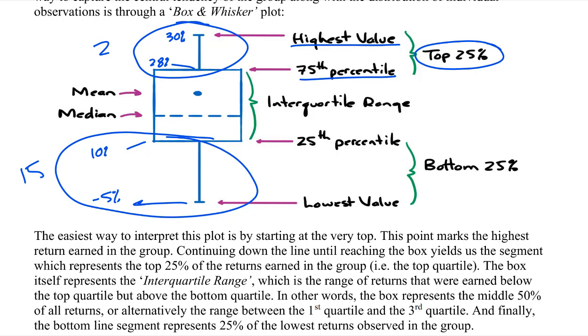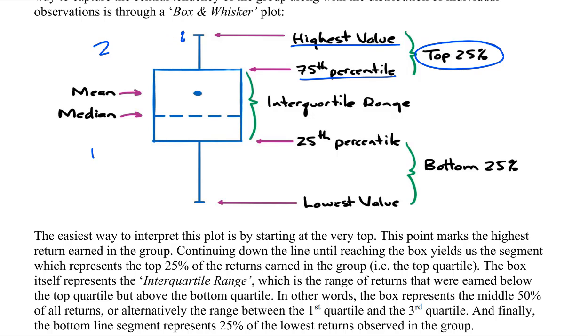So this is why the top segment right here is different in length than the bottom segment. And once again, this just means the distribution of the top 25 performers was tighter. They had closer return figures. And at the bottom 25, distribution was wider, meaning there was a greater range in possible returns.